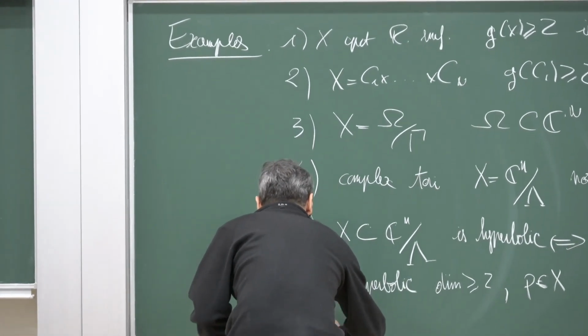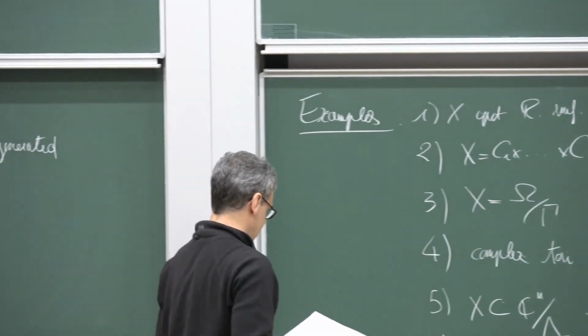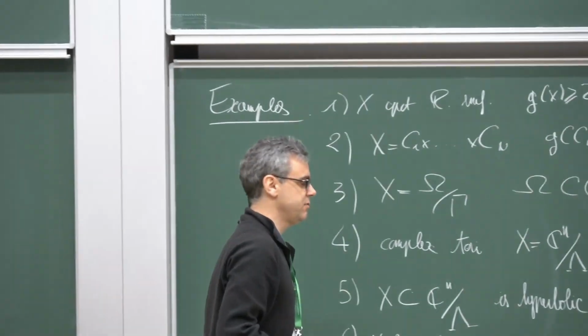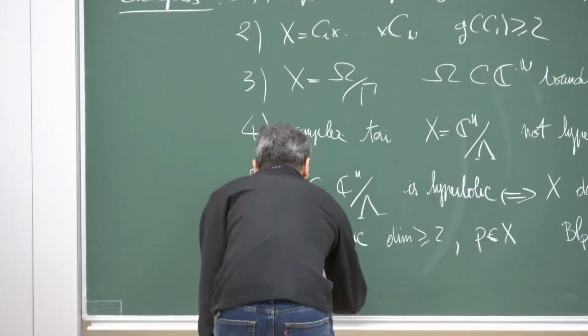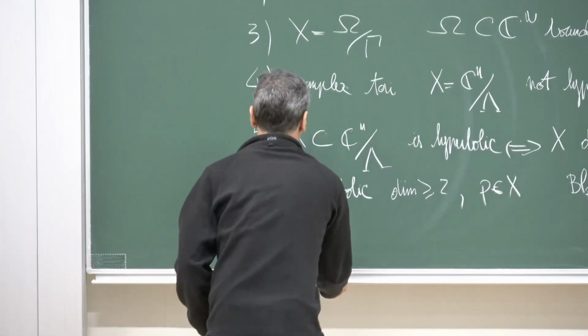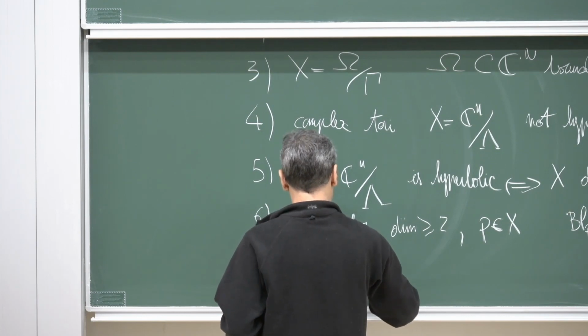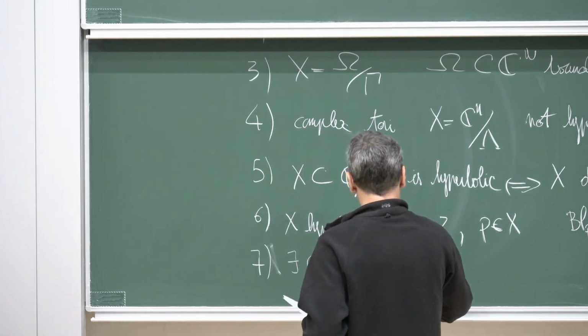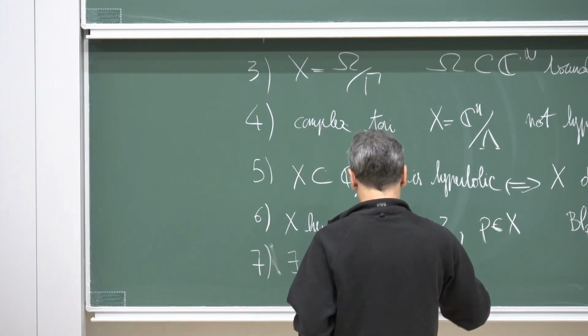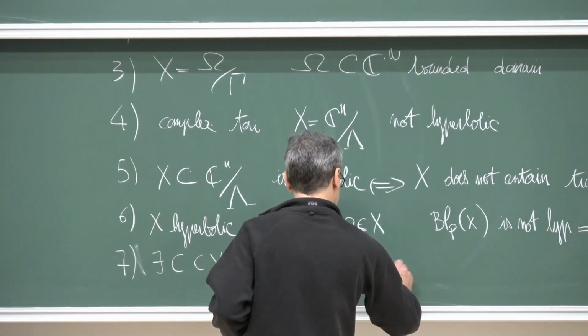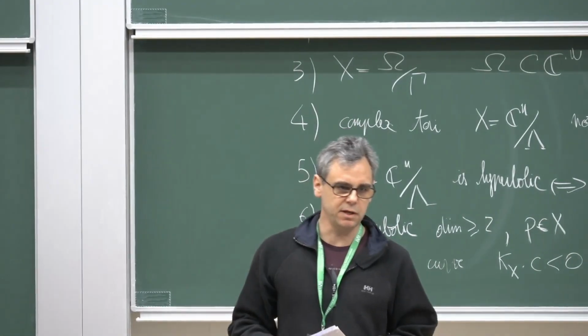Also, from algebraic geometry, you know that if, so let's say X is projective, and suppose there is a projective curve inside X, such that it has a negative intersection with the canonical bundle.